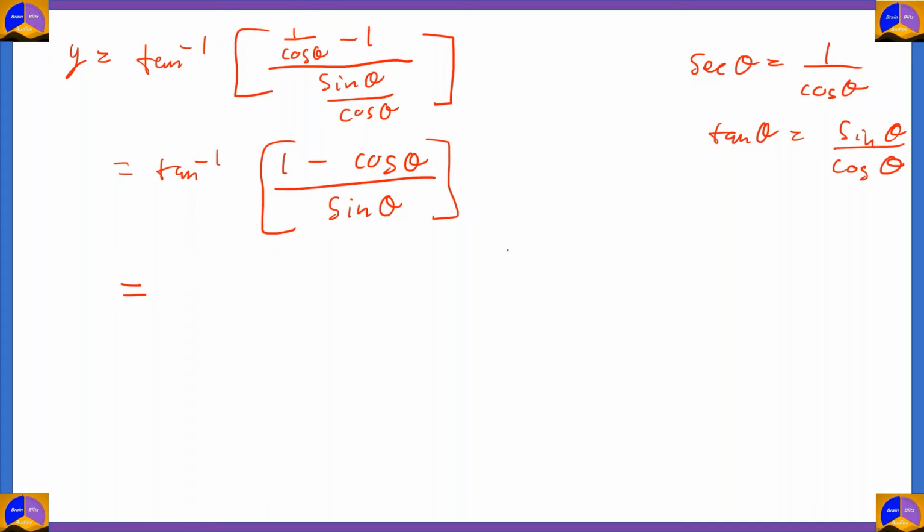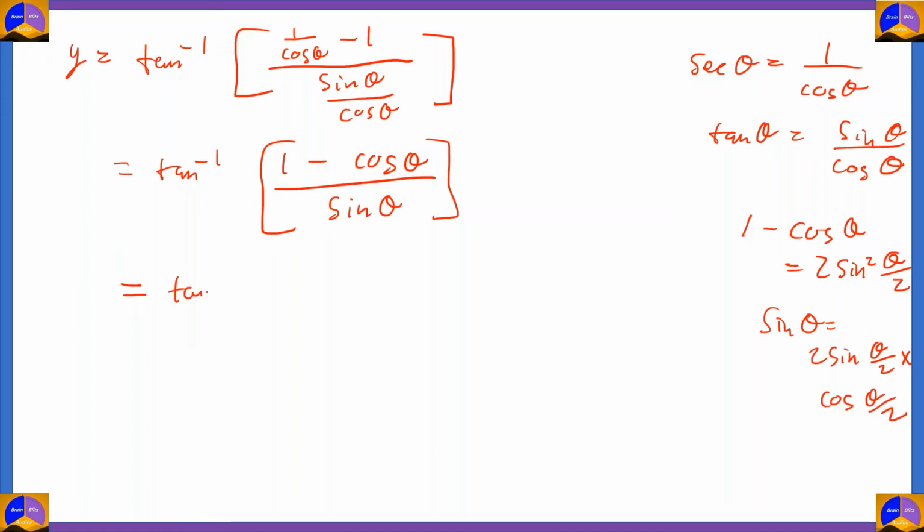Now, for further simplification, what we do is we take 1 minus cos theta as 2 sine square theta by 2. And sine theta will be equal to 2 sine theta by 2 times cos theta by 2.